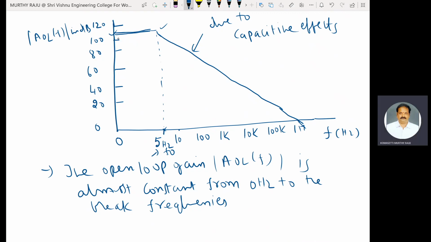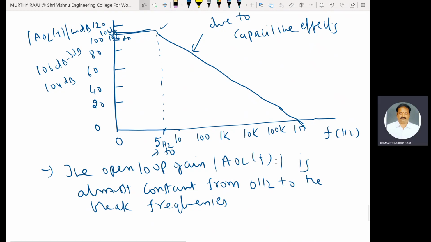At f equal to f naught, the gain is 3 dB down from the value at 0 Hz, that is 106. 106 dB minus 3 dB is 104 dB. This one is 104 dB, and this one is 106 dB.